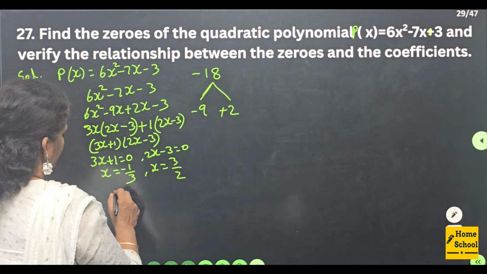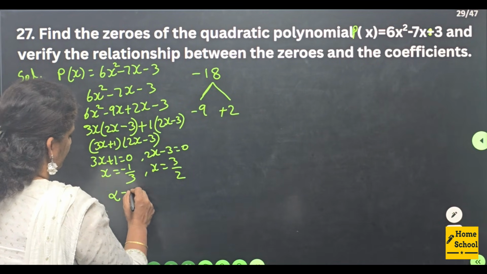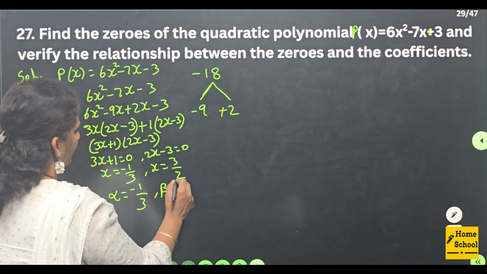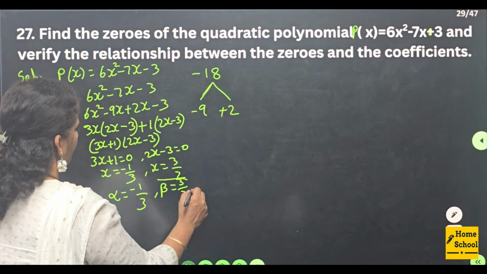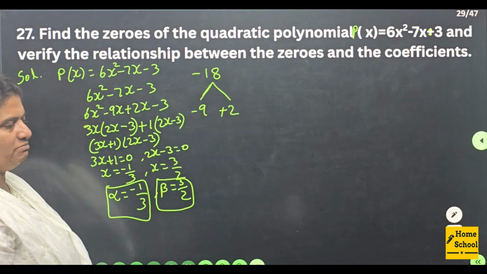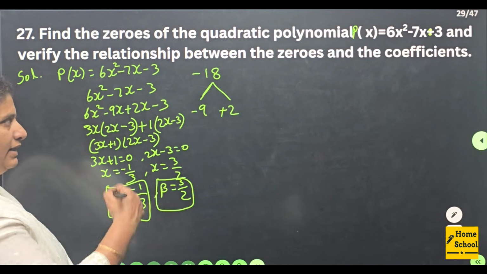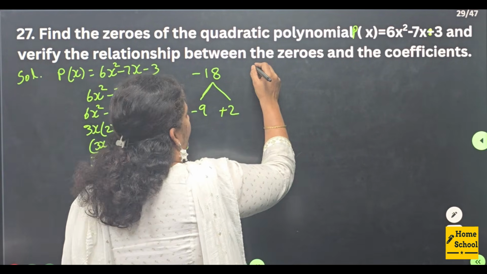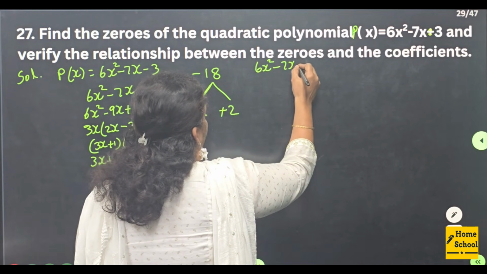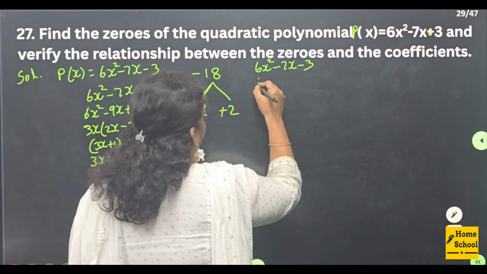Therefore, the two zeros, let us assume the two zeros as alpha minus 1 by 3, beta 3 by 2. Okay, two zeros we are assuming them as alpha and beta. Again, take the given polynomial and compare with the standard form. 6x square minus 7x minus 3.